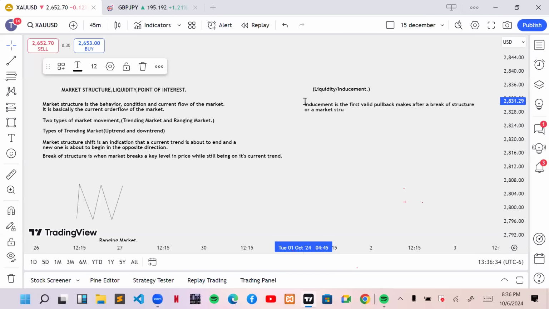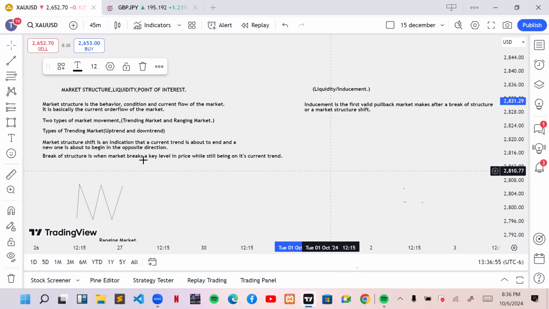That is what my inducement is. The first valid pullback market makes after a break of structure or a market structure shift.